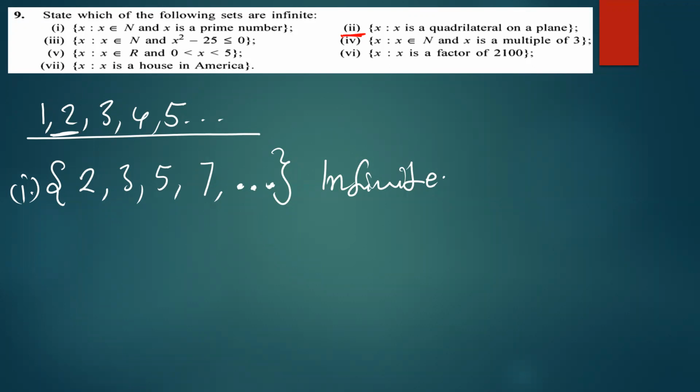And then they're saying X is such that X is a quadrilateral on a plane. So this one is also infinite in the sense that it's very easy for you to come up with quadrilaterals on a plane.